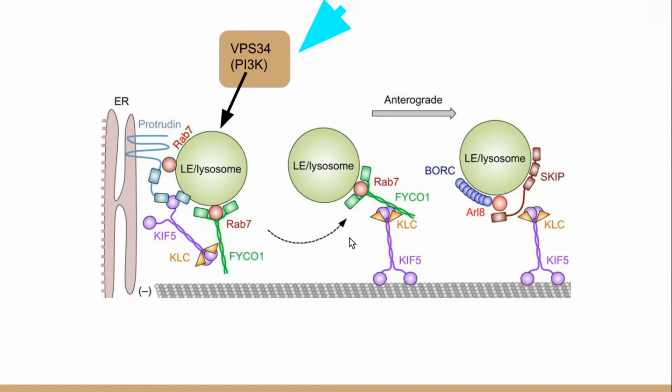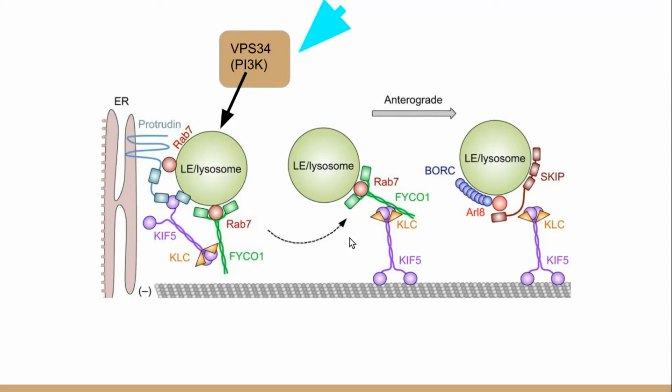VPS34 activation led to PI3P production at the lysosomal membrane, and these PI3Ps can be bound by FYVE domains. In particular, these VPS34-produced PI3Ps are bound by protrudin and FYCO1. Both of these proteins do so using a FYVE domain.